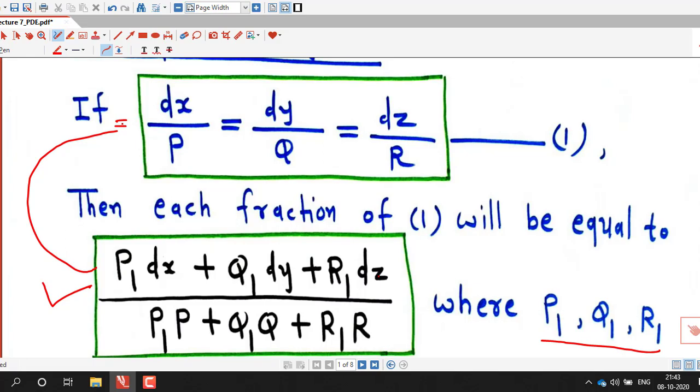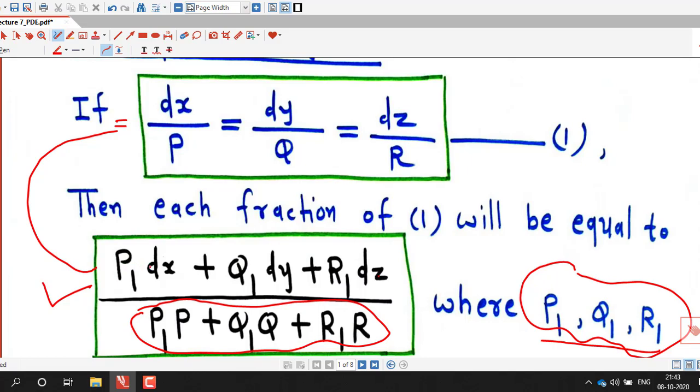Now suppose these multipliers p1, q1, r1 are selected in such a way that this denominator becomes 0, then we can write this numerator equal to 0. We have discussed in an earlier lecture that if in equal fractions the denominator of some fraction becomes 0, then the numerator of that fraction can be equated to 0.